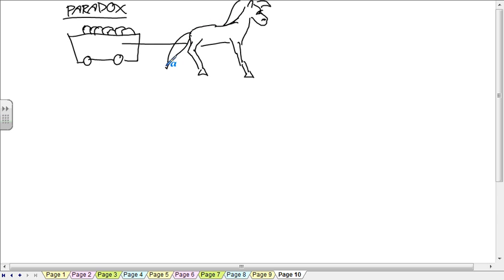Okay, so you load up your cart, you tell your horse, head off to town, and the horse is like, wait a minute, I'm not going to do this because as soon as I apply a force to that cart, it's going to apply an equal and opposite force to me. They're going to counteract each other, and we're not going to go anywhere. So I'm not even going to try. It's a waste of time. Don't you know anything about physics?